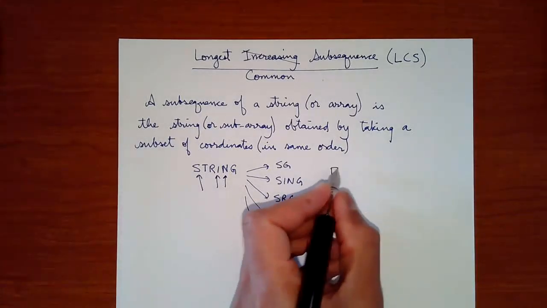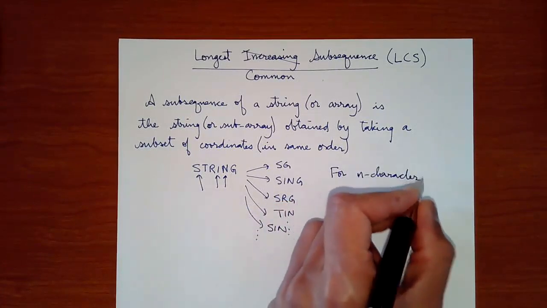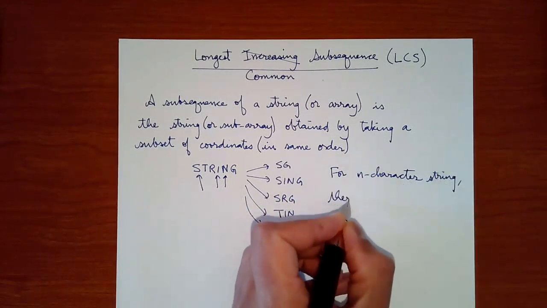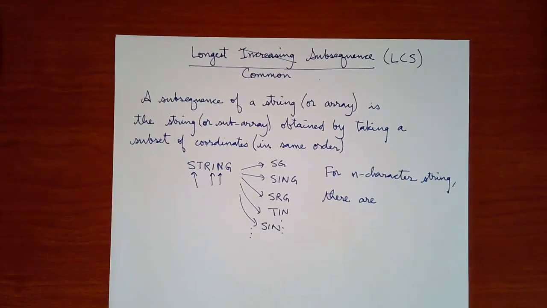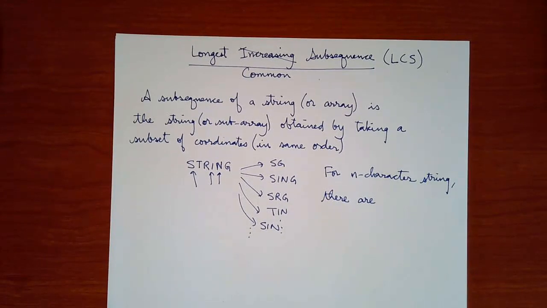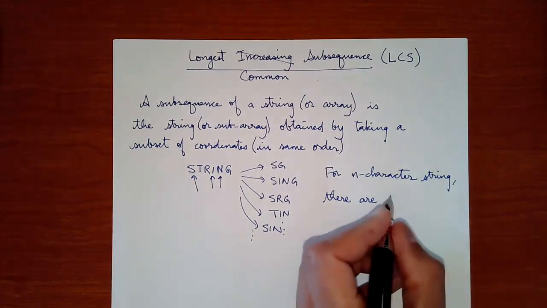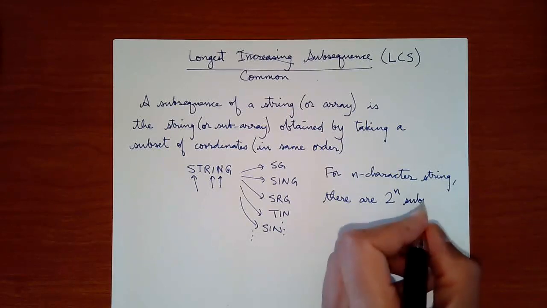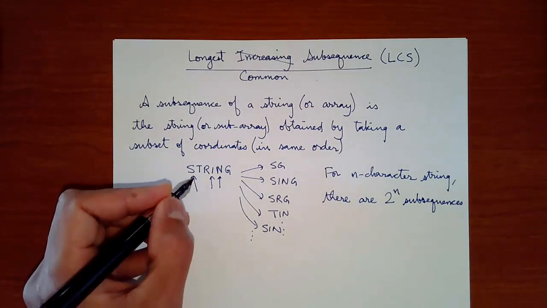For an n-character string, how many subsequences are there? 2 to the n subsequences, because for each character, you can either pick it or not.